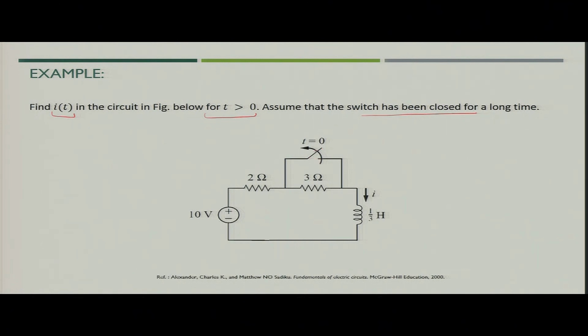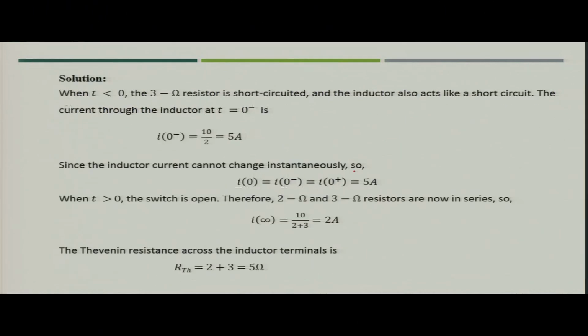When the switch is closed for time t less than 0 for a sufficiently long time, the inductor is short circuited, and since the switch was closed, this 3 ohm resistance was also short circuited.